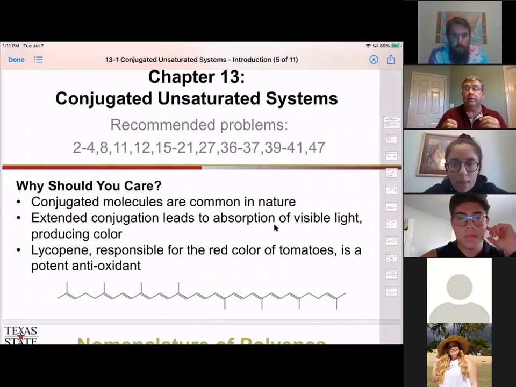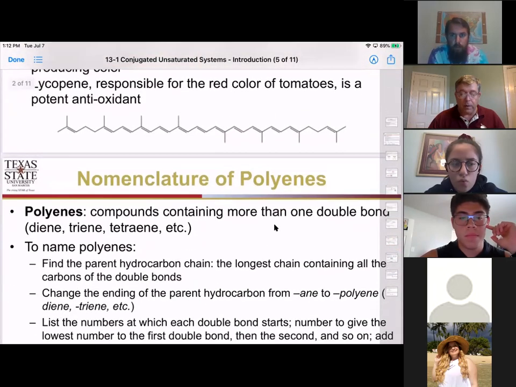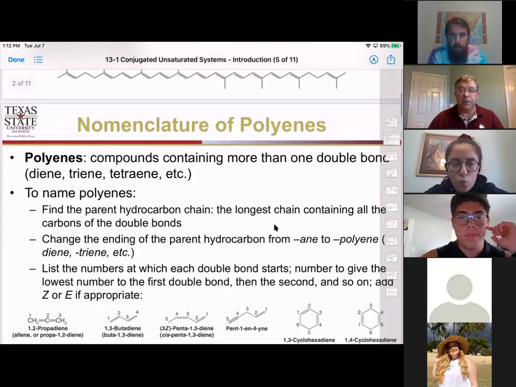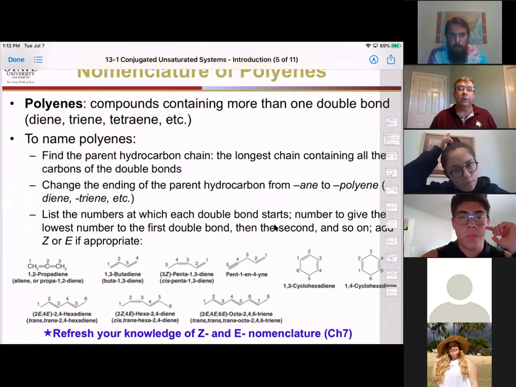And because those bonds are adding together, you actually generate color. And so, for example, the red color in tomatoes is this very long, extended double bonds that are in a regular pattern, and this is called lycopene.